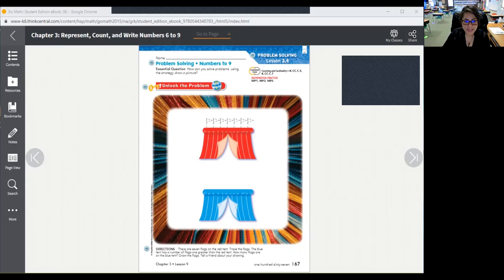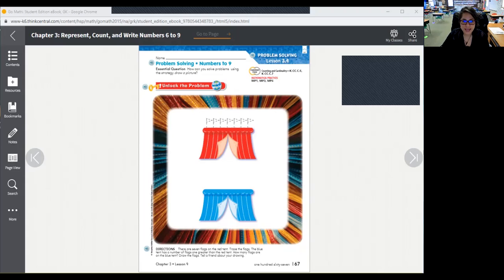Okay, here we go. And the directions say, there are 7 flags in the red tent. Here's the red tent. The blue tent has a number of flags, 1 greater than the red tent. How many flags are on the blue tent? Draw the flags, and that's what we're going to do, okay?